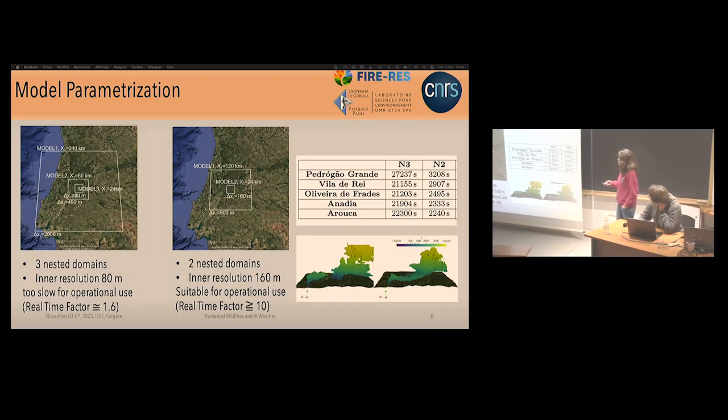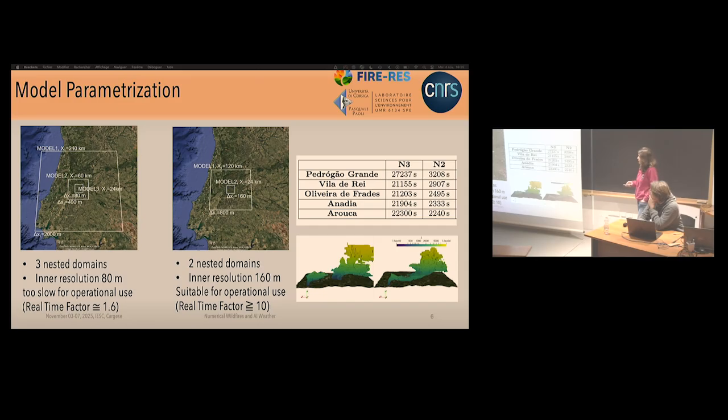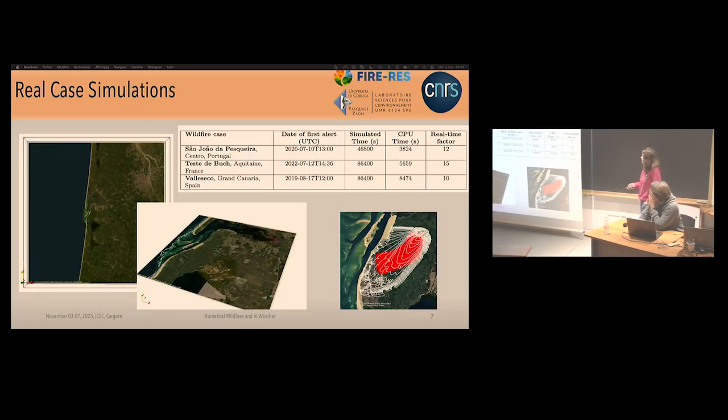Of course, we lose some detail, but we tested this on some Portuguese wildfires. We had the wildfire propagation maps for these cases, and we were also able to observe pyroconvection, so we were quite happy with the results, especially because we were 10 times or more faster than real time.